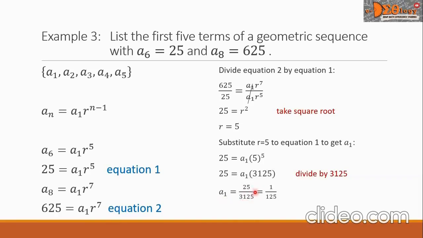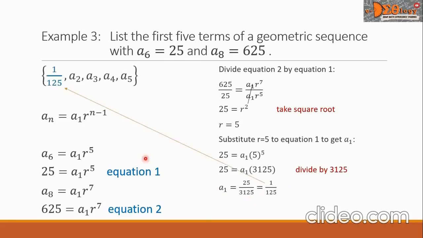If we reduce this to lowest terms, meaning let us divide both numerator and denominator by 25, we will get 1 over 125. This value now is our a sub 1, the first term. So we can substitute this a sub 1 in here, in our first 5 terms of the geometric sequence.